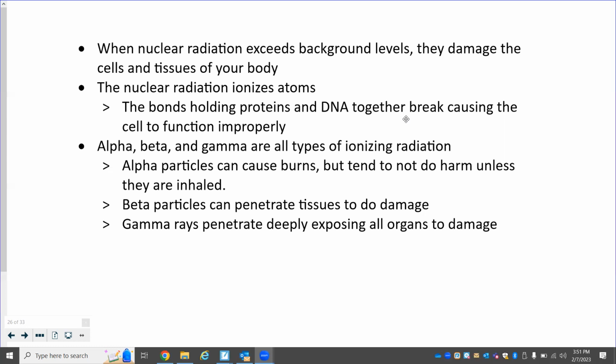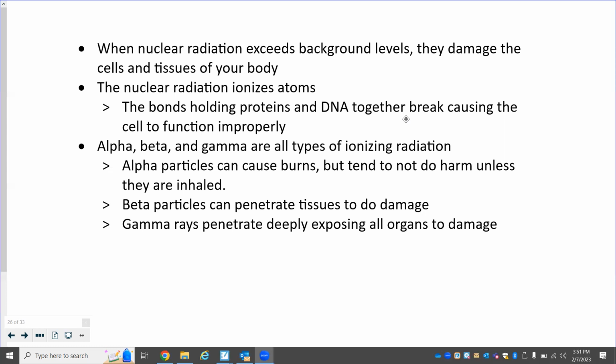Beta particles, remember, are smaller, so they're more dangerous. They can penetrate tissues and do damage. You also get these from the sun. These are the ones that can start to cause melanoma and similar problems with chronic sun exposure.